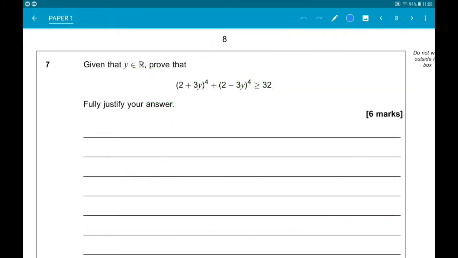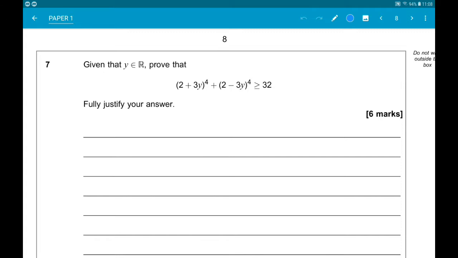7, a nice 6 marker with binomial expansion. So given that y is an element of the reals, prove that (2 add 3y) to the power 4 add (2 minus 3y) to the power 4 is greater than or equal to 32. Fully justify your answer.